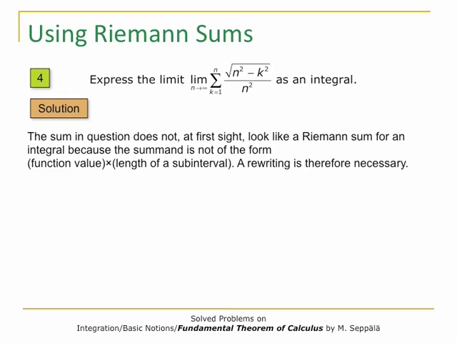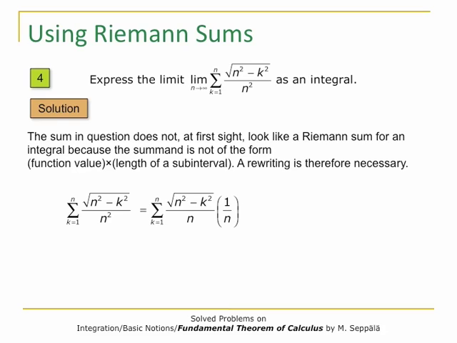In order to do this, the general term in the summation, square root n squared minus k squared divided by n squared, must be written in the form function value at some point times the length of a subinterval. And to see what function we might have and what our subinterval should be, the rewriting is necessary.